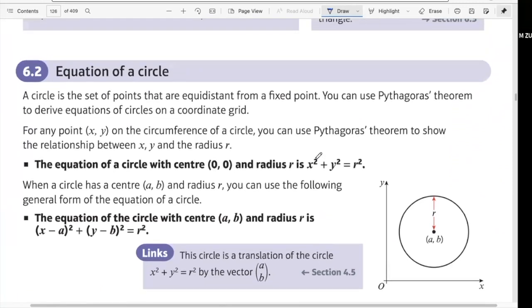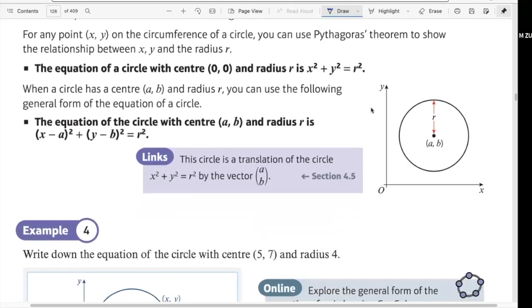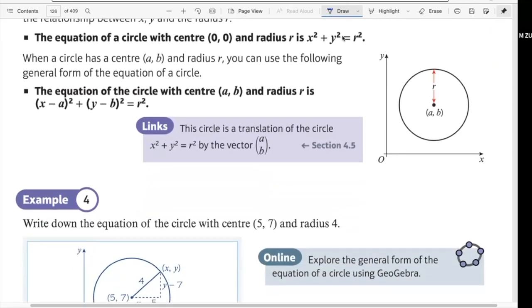Now this is the equation of a circle. Before we start this, it is mandatory that we have a strong grip on completing square form and coordinate geometry. So 2.2 is the revision task, and chapter 5 we just did, so I'm not worried about that. Now just have a look at this. x minus a whole square plus y minus b whole square.